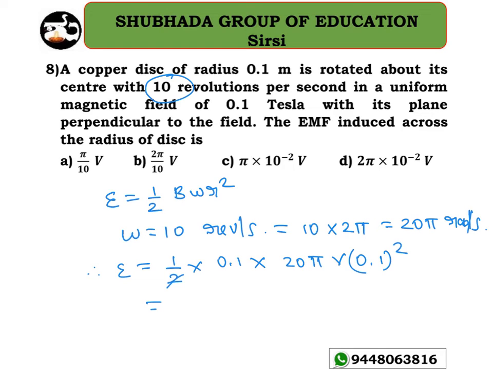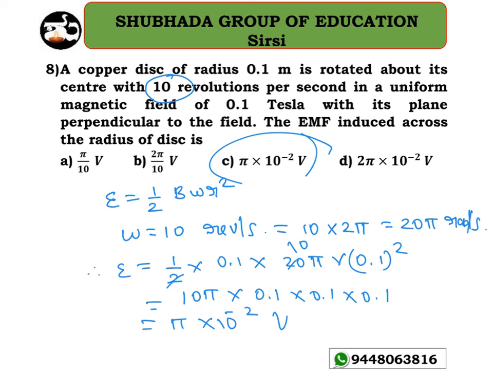What are we left with? 2 1s are 2, 10s are here, correct? So 10 pi into 0.1 into 0.1 into 0.1. So I will get pi into 10 to the power of minus 2 volts. This is option C, the right answer.